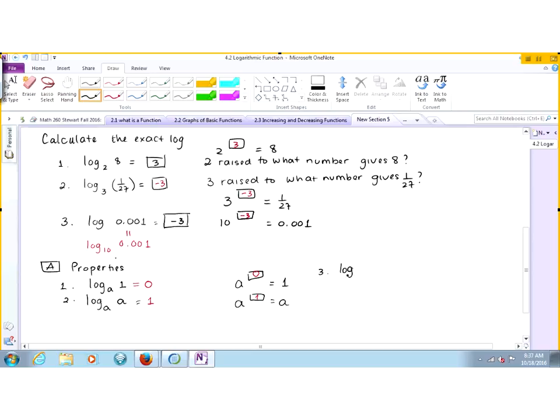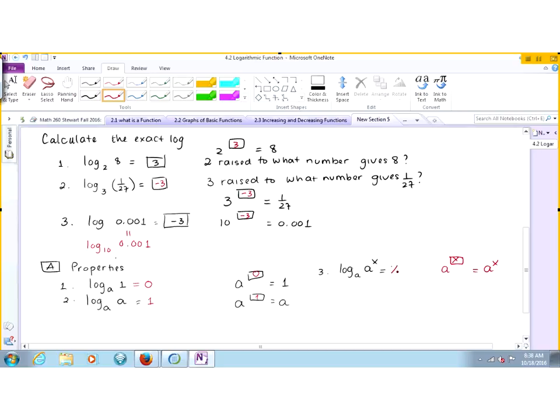What about number 3? Log base A of A to the x. A raised to the what is equal to A to the x?